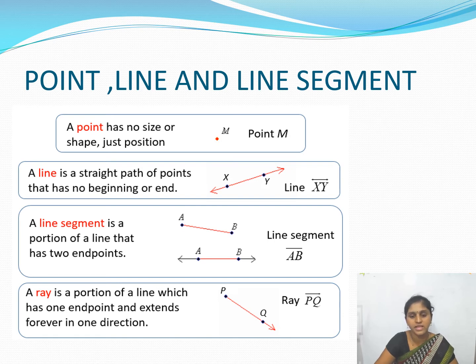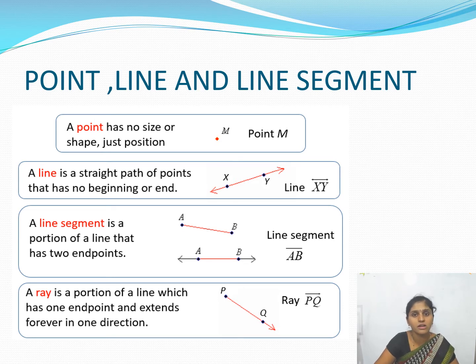The next is a line segment. So what do you mean by line segment? It is the opposite of a line. It means it should have a definite length with the starting point and the end point. It means we can measure the length of that line.